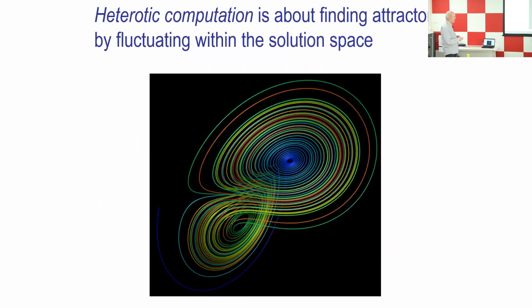So in summary, one way or the other, whether through direct, rational, and completely directed engineering, or by this type of unusual approach, the endeavor is about finding attractors by fluctuating the object in a solution space.